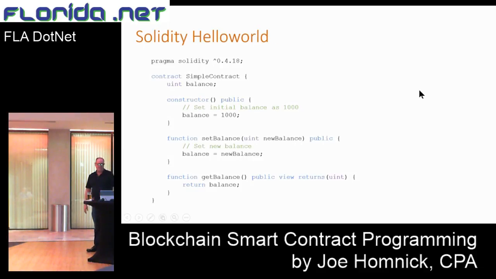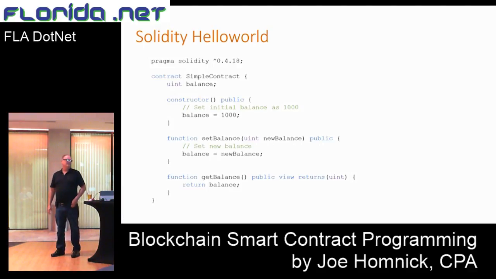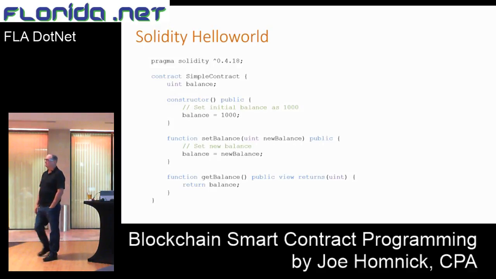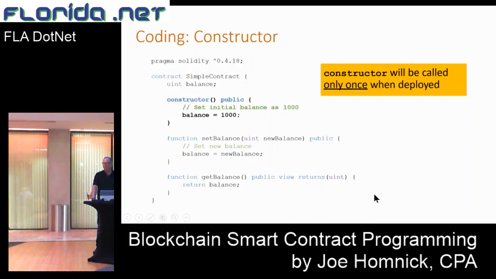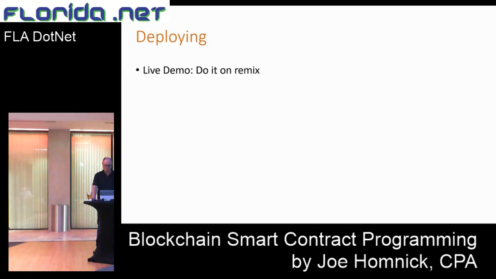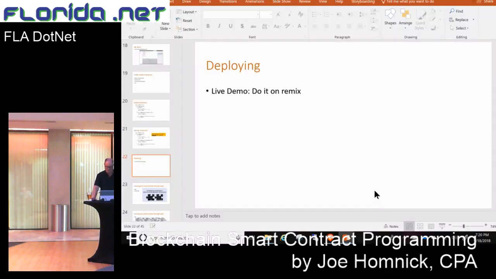And you can see an example here of Hello World. So you have a constructor, a set balance, and a get balance. Pretty straightforward coding. The constructor, like all constructors, runs only once when you deploy the contract. And let's take a look at it.